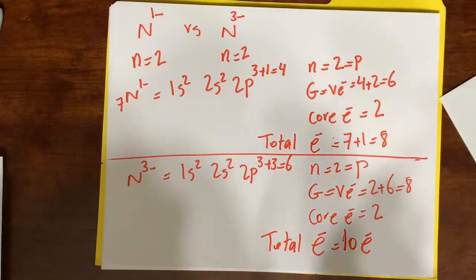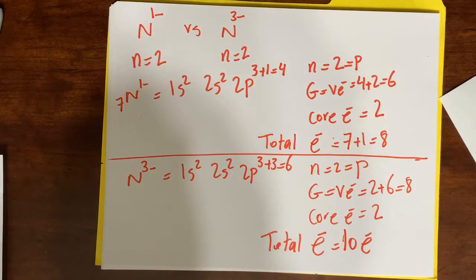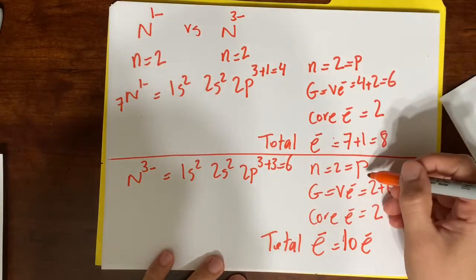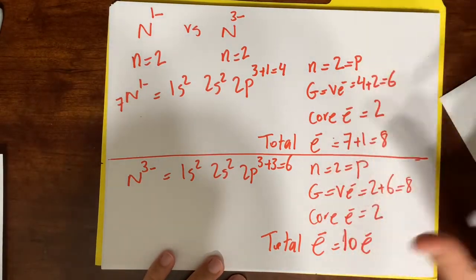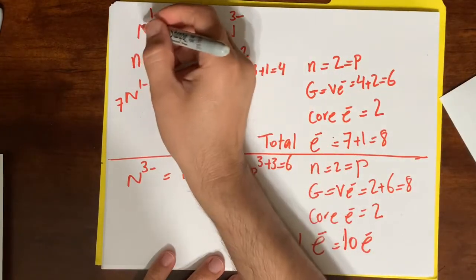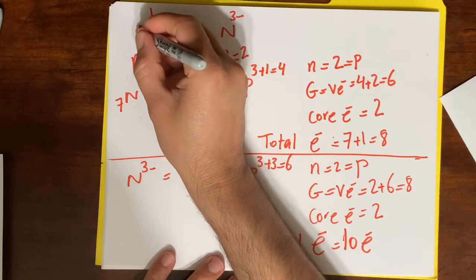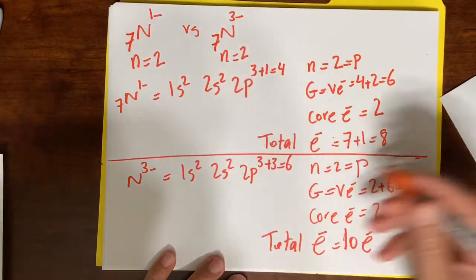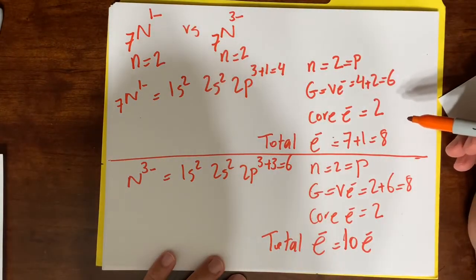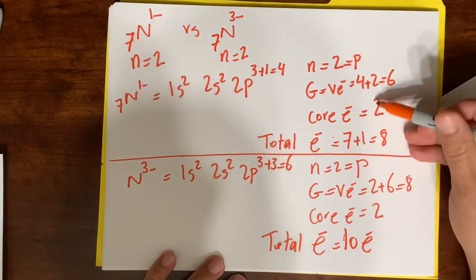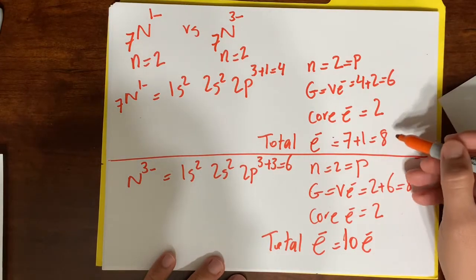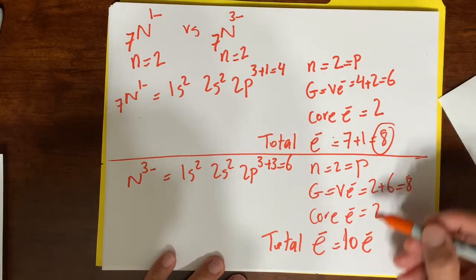Okay, so now I want to judge and see which one is bigger. Check n: n equal 2, n equal 2. We are sharing n, so we have to look at number of protons. How many protons do we have? We're talking about nitrogen: 7, 7. So we can't say anything based on number of protons. How about core electrons? Core 2, 2. The difference is going to be in total electrons: you have 8 versus 10.